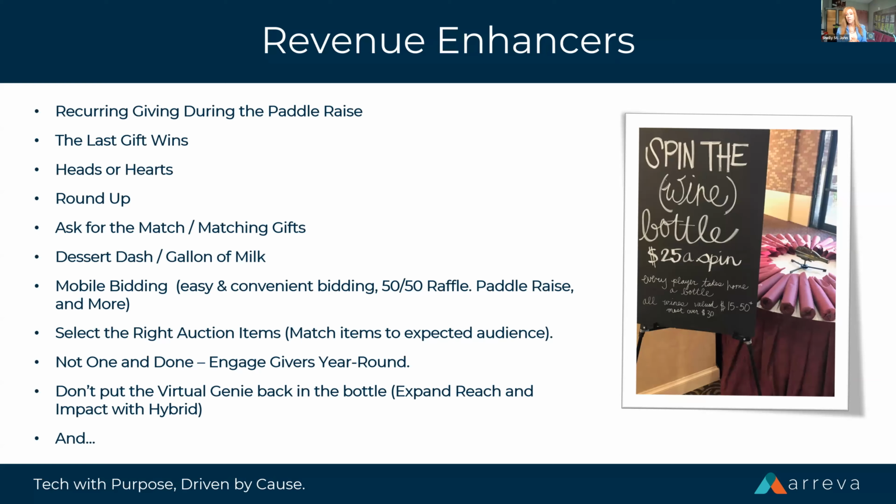Yeah, we do. A couple of variations on dessert dash. One is to have all of the desserts donated, one per table. Then we have each table fill out a form with donations on how much each person at the table would be willing to donate for their table to go first to select any of the desserts. So you pass this form around each table and one guest puts down $10, somebody else puts down $25, whatever.